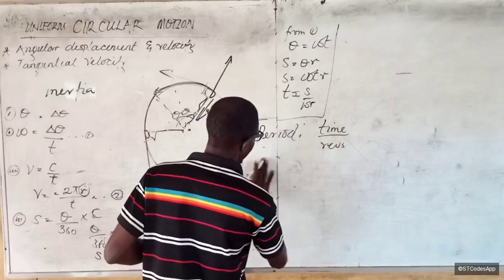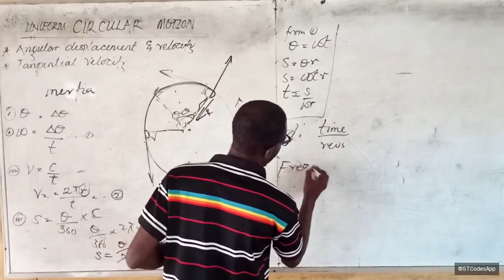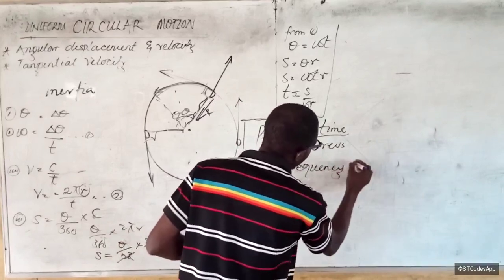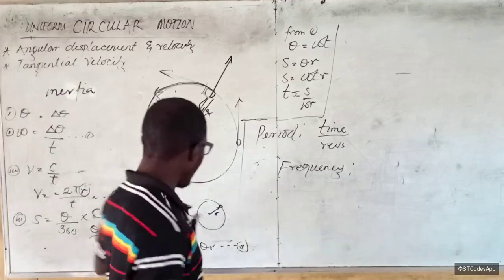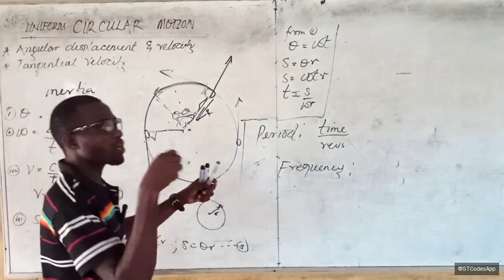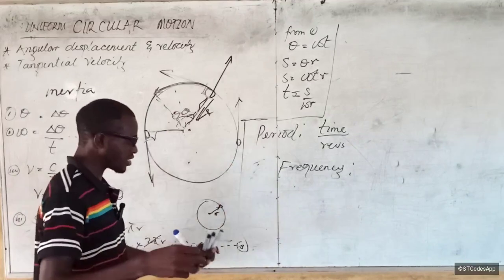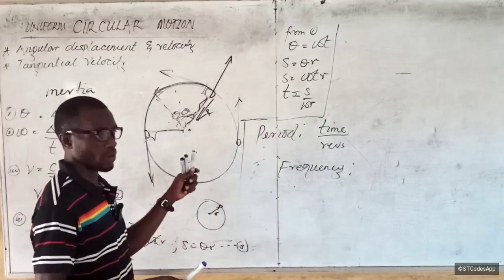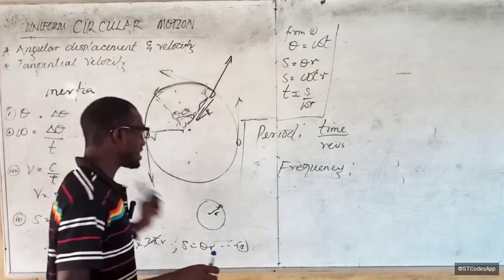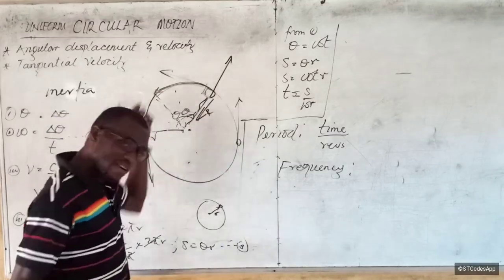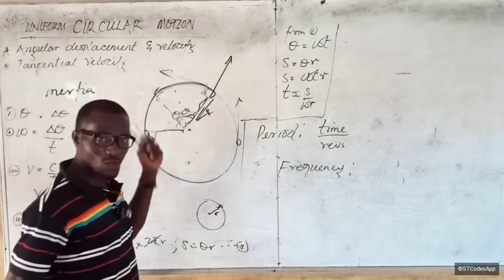Then it's going to have one other property that is known as the frequency. Now, frequency is related to speed in a way. When we do these two, one will be moving faster, the other will be moving slower. It means that one will be covering this distance faster than the second one, isn't it?